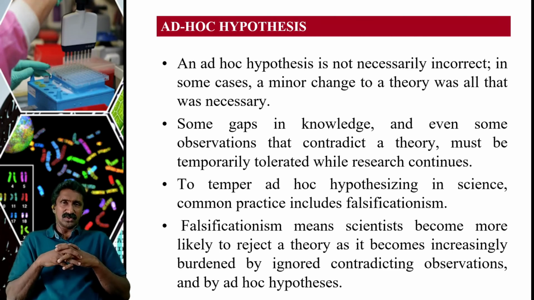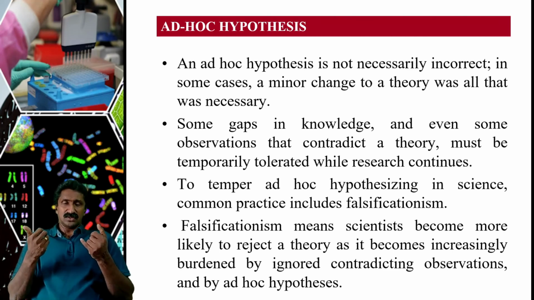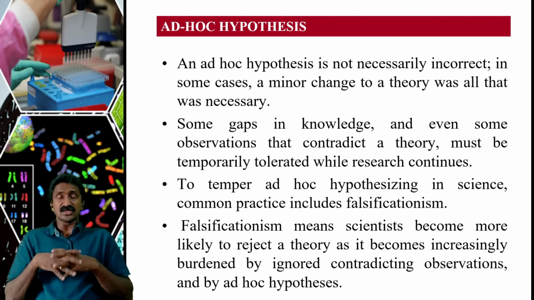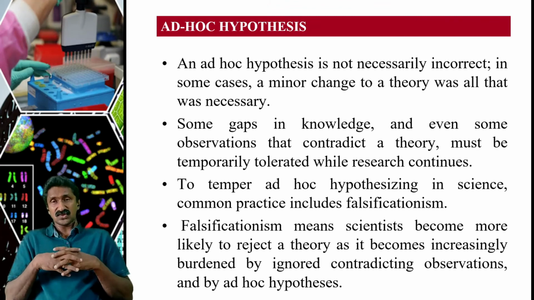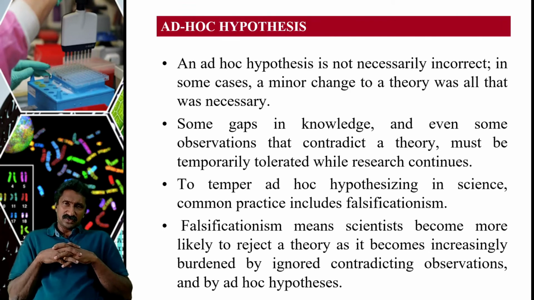That is always required because a simple piece of evidence should not be the reason for preventing further testing and research, and of course there should be a provision for further research and gathering further evidence in support of the theory. So ad hoc hypotheses are usually required for tolerating minor errors in theories. It is generally accepted, but it can also result in supporting pseudoscience.